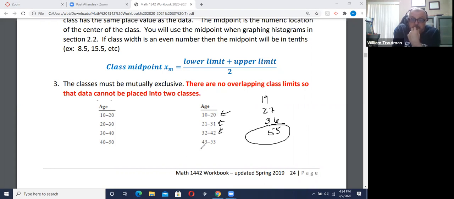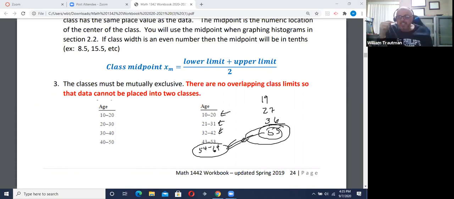So for 55 to fit in here, you'd have to start off 54 and then go to the next number. 32, 42, 43, 53, 54, 64. So do you see exhaustive? That means all the data needs to fit in. If it doesn't fit in, then you didn't exhaust the limits. The limits are not long enough.